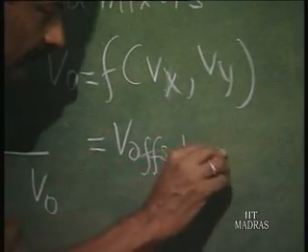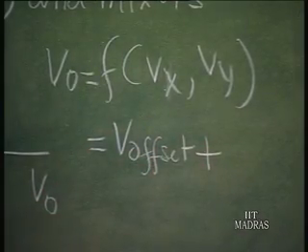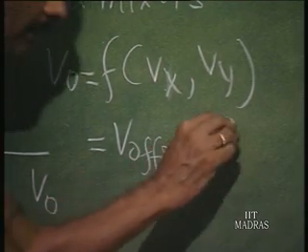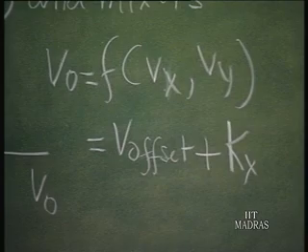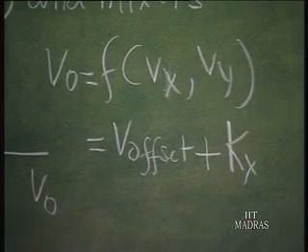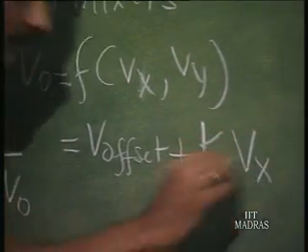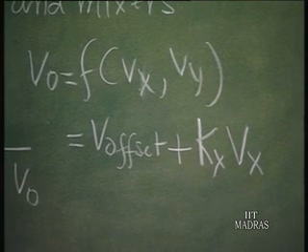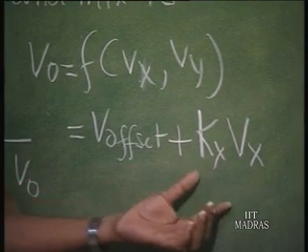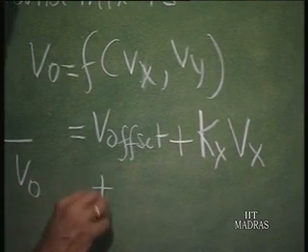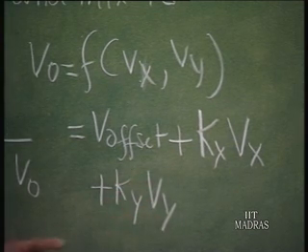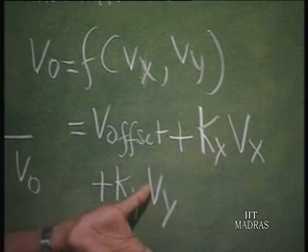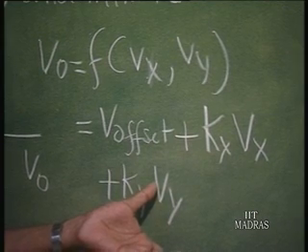So, V offset then plus, in general, we can have what is called Kx, which is an output only due to Vx. In the case of an amplifier, this is important, right, and it will be also similarly dependent upon Vy. These are all linear terms which might exist in general.